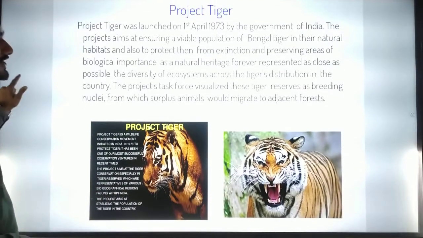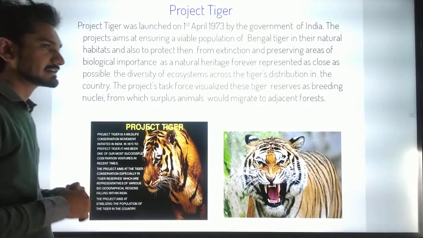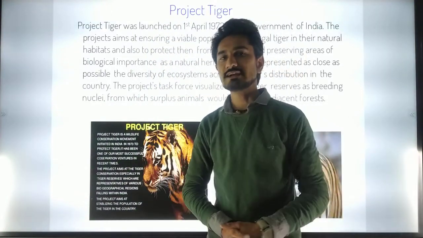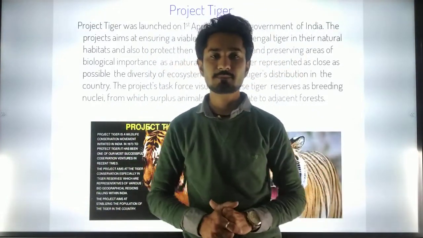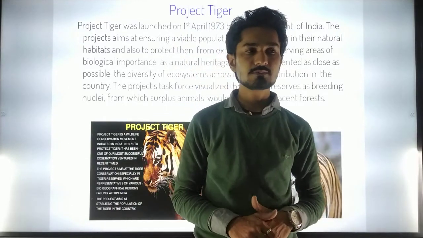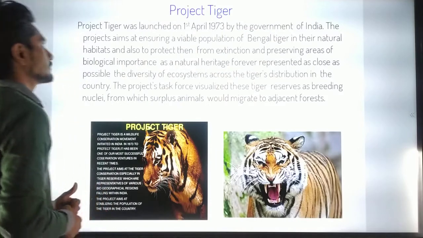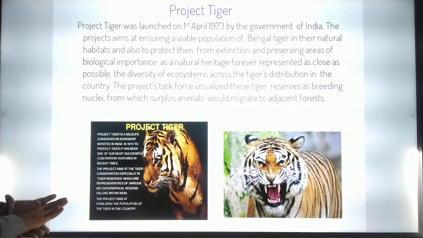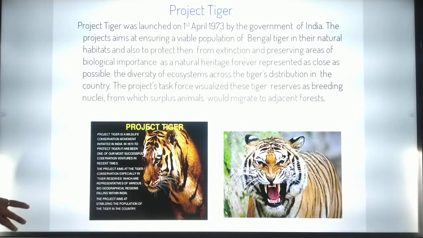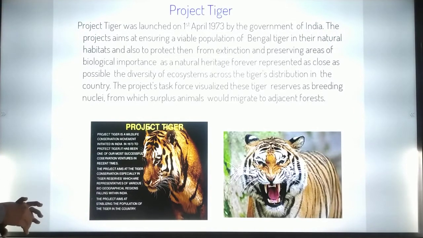Now what is Project Tiger? We have heard that tigers are getting extinct from our earth. So for that we have made some kind of plan to preserve them, and that is called Project Tiger. Project Tiger was launched on 1st April 1973 by the Government of India. The project aims at ensuring a viable population of Bengal tigers in their natural habitats.